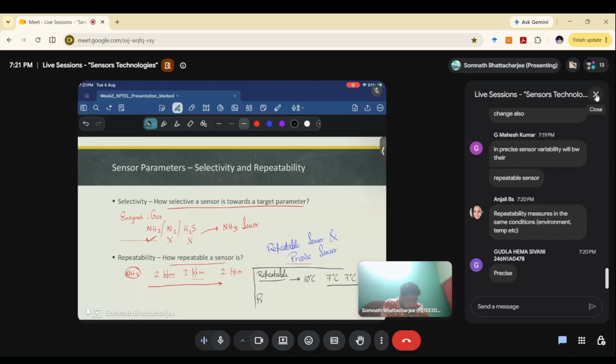Now apart from these parameters, we also have some separate parameters, like a few fluctuations based on electrical devices and these kinds of things. These are called noise, the unwanted fluctuations. So how can a sensor have noise? It can have noise from itself.